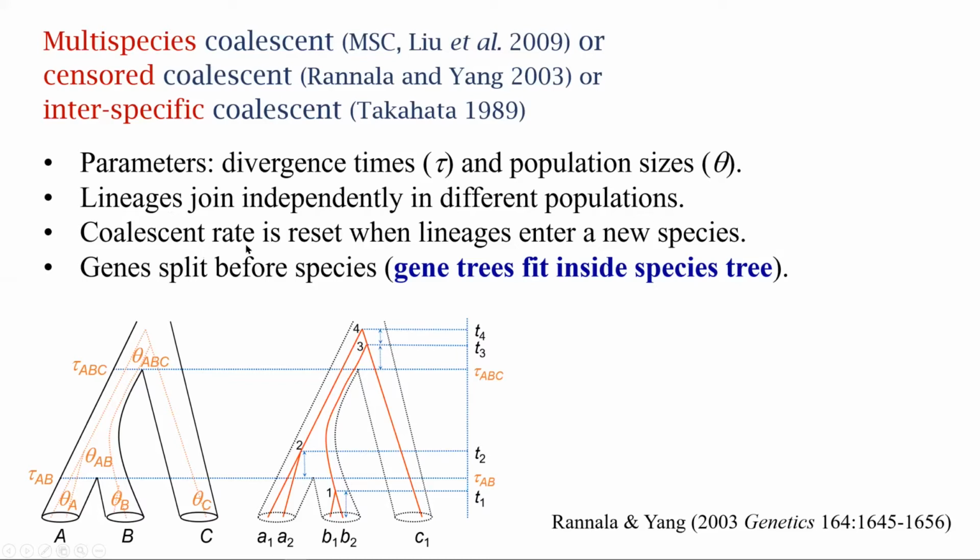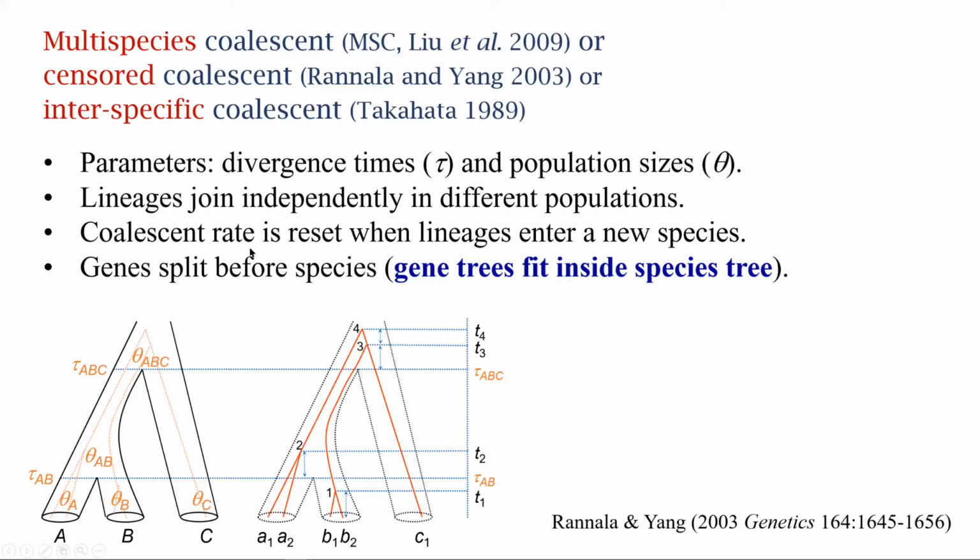A coalescent process resets when lineages enter a new species. That means that inside population A, the rate is given by the population size of A. But as soon as you enter population AB, you have a different population size, so the rate is different again. So it's all very intuitive and straightforward.